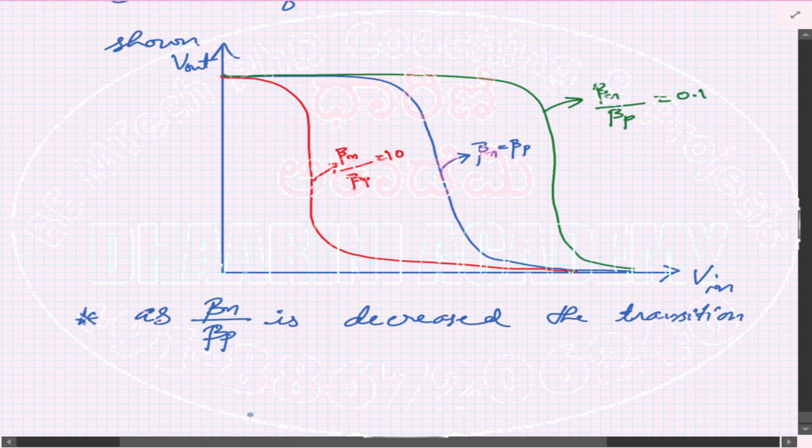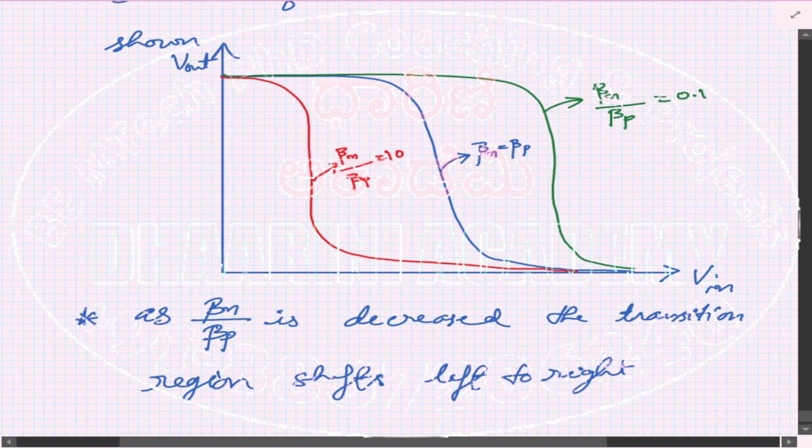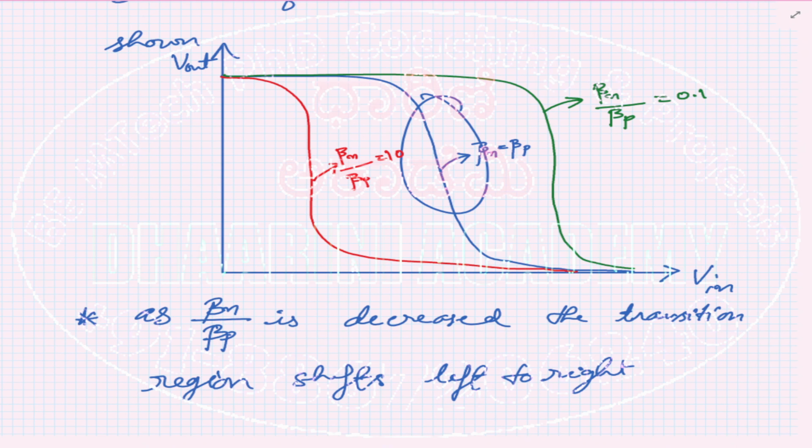The transition region shifts from left to right. You see here, this was here, it is shifted to the right, because I decreased this ratio.